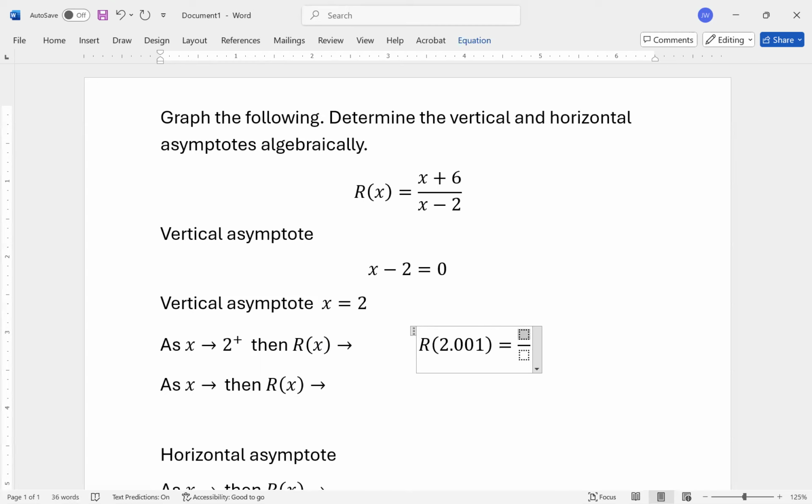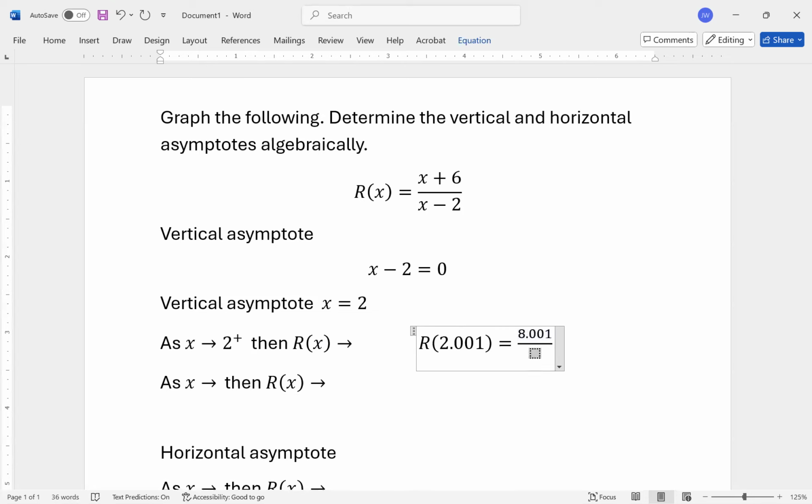If I plugged it into the numerator, I'd get 8.001. And then I would plug that into the denominator, I would get 0.001. If I take 8.001 and divide it by 0.001, I end up with something which is a positive 8,001.